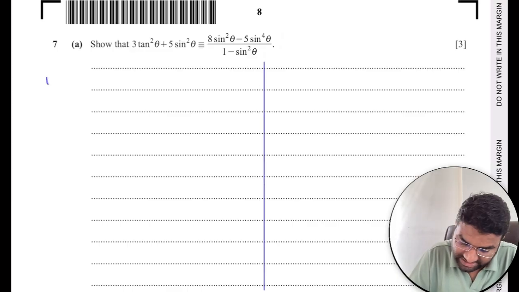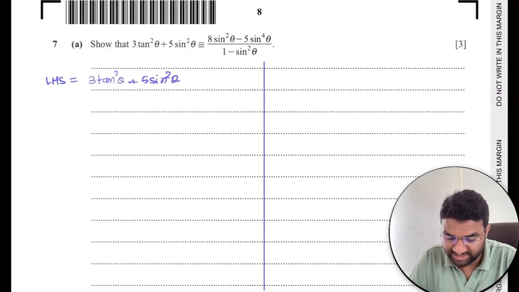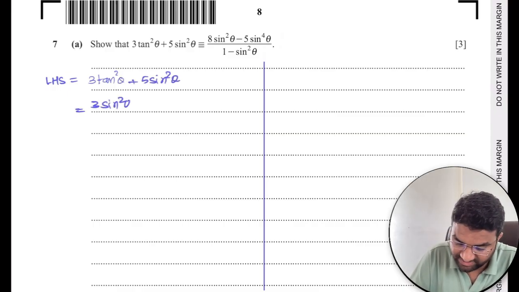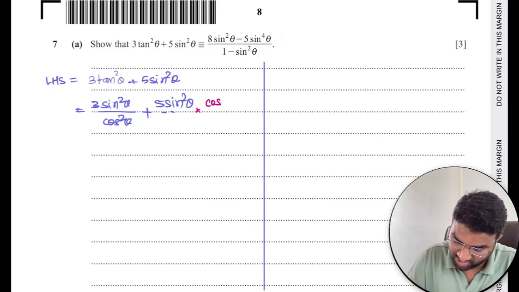So LHS is 3 tan square theta plus 5 sin square theta. Tan square theta we can write as 3 sin square theta upon cos square theta plus 5 sin square theta. Here we don't have any denominator, so to make the same denominator, we multiply by cos square theta upon cos square theta.